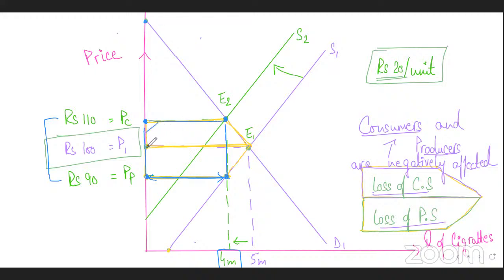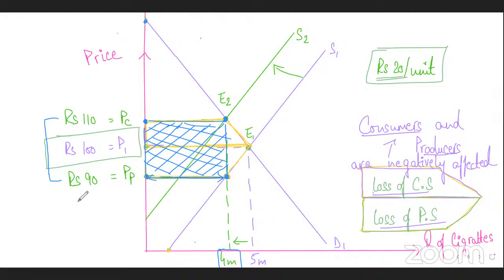The area of this rectangle shows the amount of tax that the government will collect. Easy, students. So this is basically your amount of tax revenue that the government collects. You good on this, right?